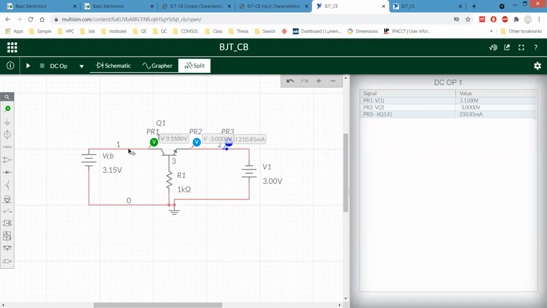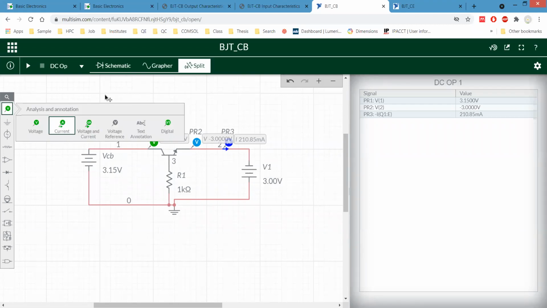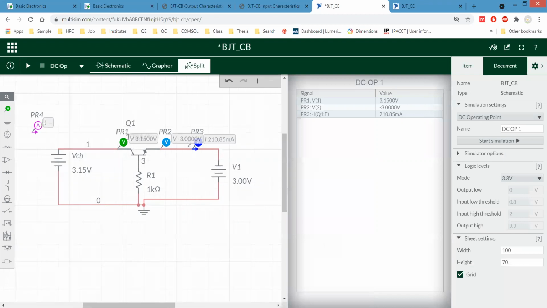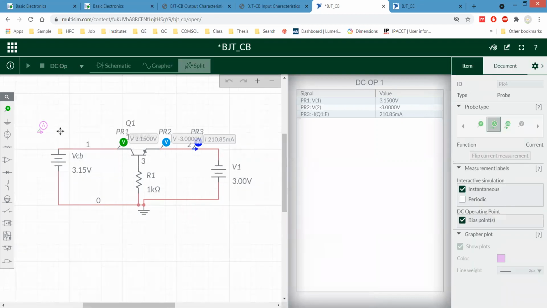We have to measure the collector current and the collector base voltage. So we need another current meter or ammeter, you can say. It is lagging a little bit.